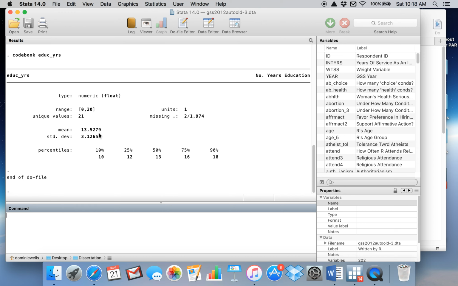So we would expect our relationship, we're going to model the probability of someone voting with our independent variable being education years. So we would expect a positive relationship between the independent variable and the dependent variable. As education rises, the likelihood of the individual voting also rises.